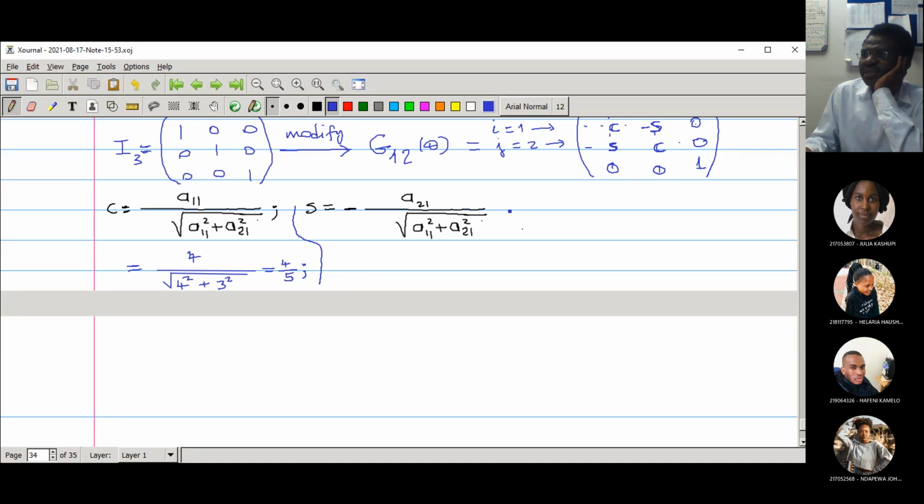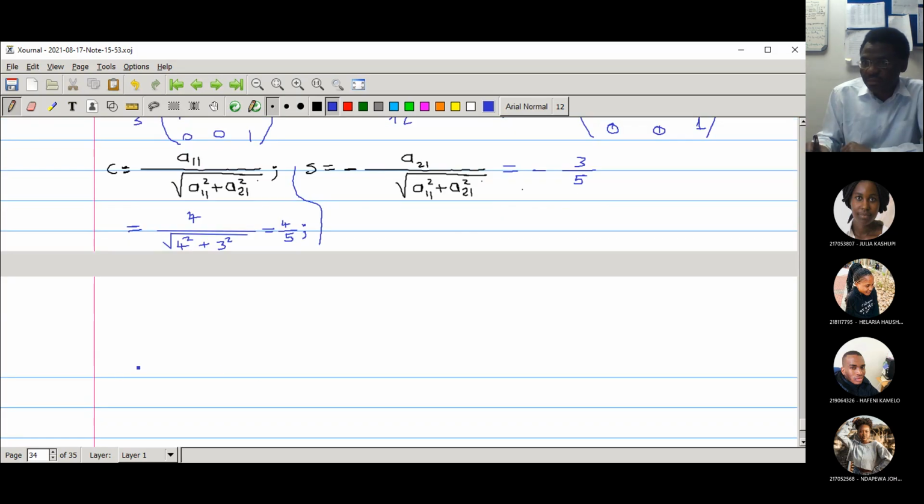I can even write here. So for S, this will be negative 3 by 5 also. Is that okay? Okay, so we now take these values and substitute in the matrix.